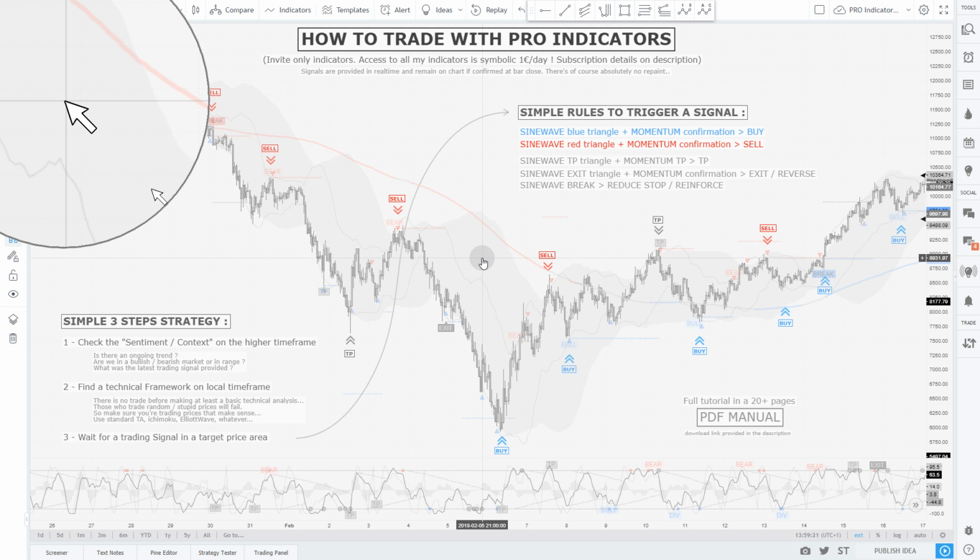So find your own technical framework. The possibilities are endless, but there are major ones you can put efforts on. If you don't know where to start, simply start in the easiest possible way. Learn how to trade using trend lines or horizontal support and resistance levels, simply applying the Dow strategy. Higher highs mean a bullish market, lower lows mean a bearish market.